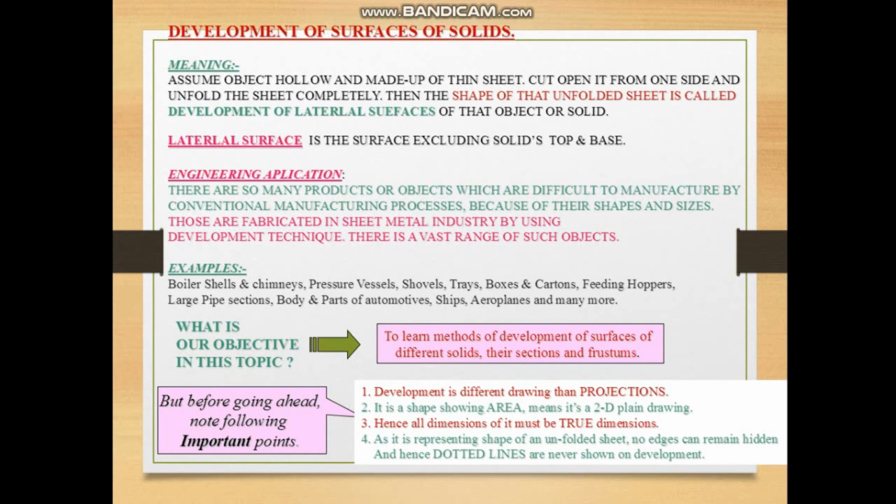It shows the shape of an area, so it is a 2D plane drawing. Hence all the dimensions of the sheet must be true dimensions, the exact dimensions of the object. As it represents the shape of an unfolded sheet, no edges can remain hidden, so we do not use dotted lines.